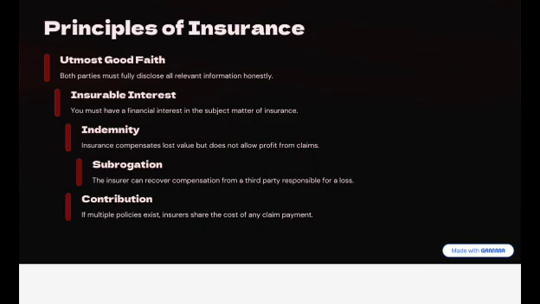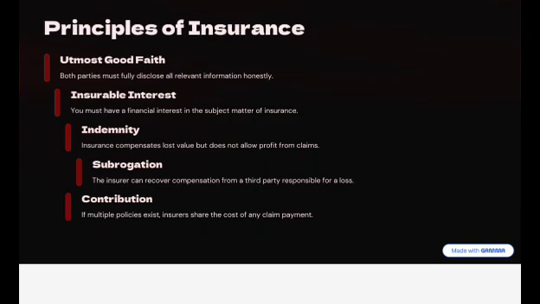Now, the basic principle attached to this is that it prevents the insured from receiving double compensation. That means that Mr. Chukwu will not receive double the money that's meant to be paid.